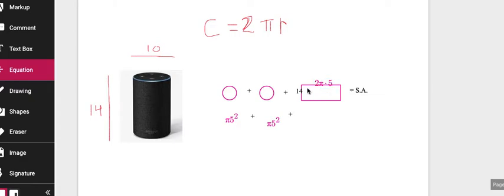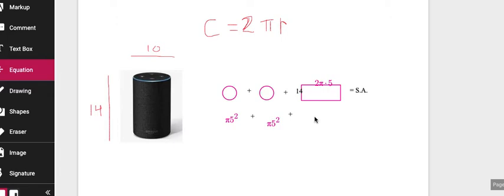My actual area of this will be 14 times 2 times pi times 5. So I'm going to first do 2 times 5, which is 10, and I'm going to times that by 14, which would be 140, and that would be times pi. But you might notice I'm leaving it as just pi. I'm not timesing it by 3.14.